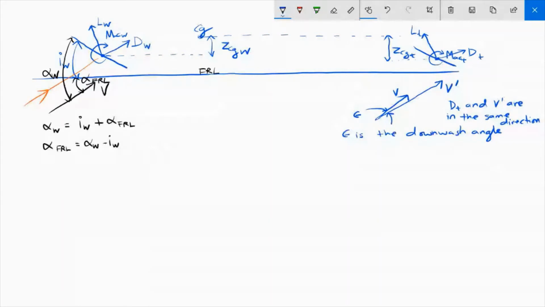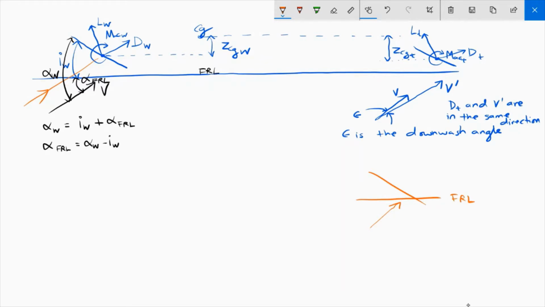Okay, so let's focus on this tail section now. And let's say this is the fuselage reference line, and this is the tail mean chord. And so this was your relative wind seen by the wing.